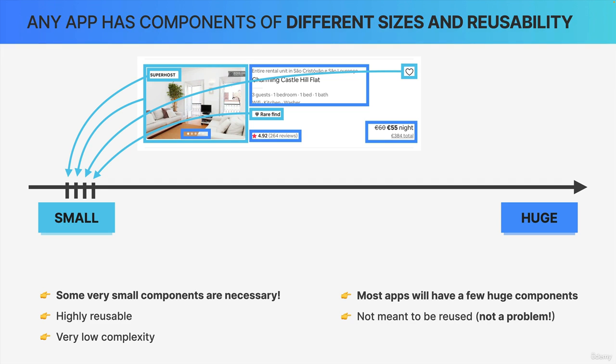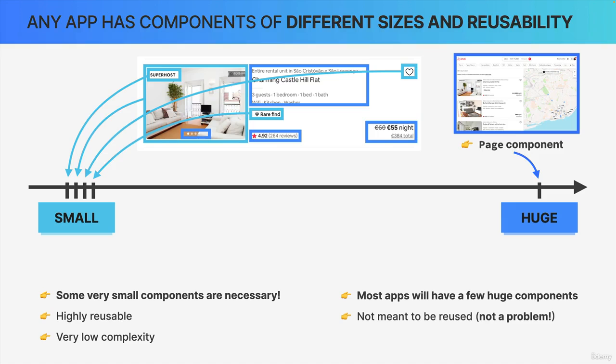For example, we might have a huge page component which contains the layout of the entire app or a page. And that might very well be a fairly complex component, which is not meant to be reused. So in situations like this, don't worry about reusability or about needing to split this component up.